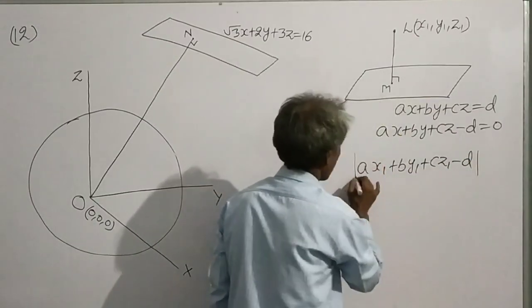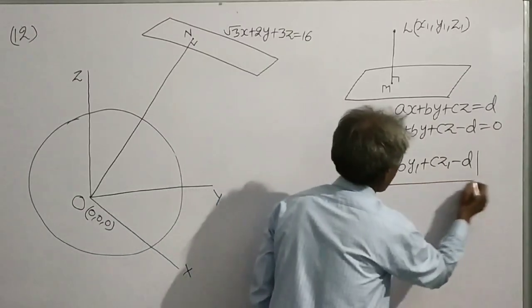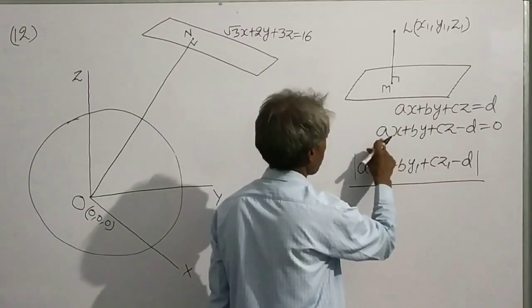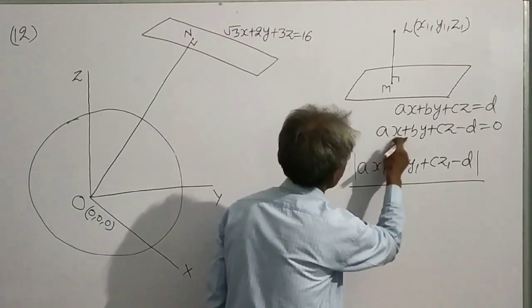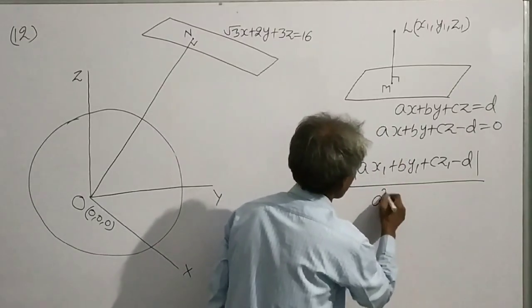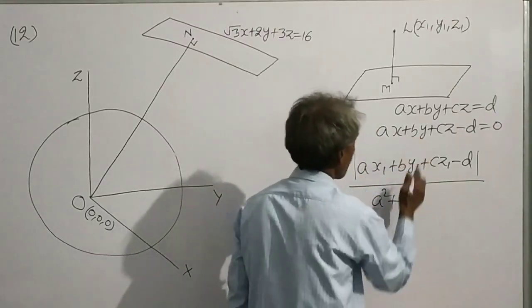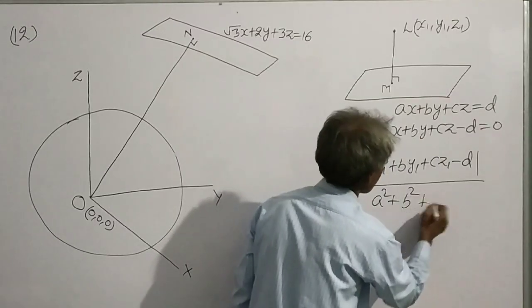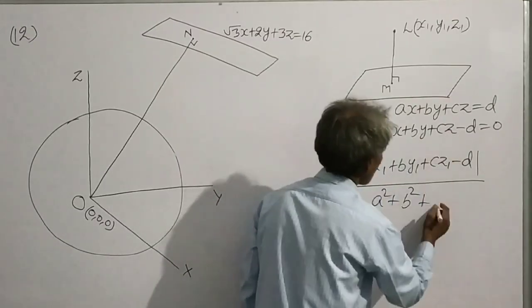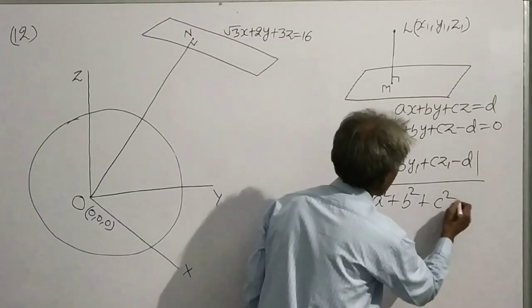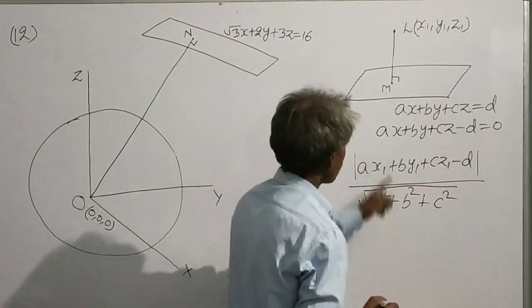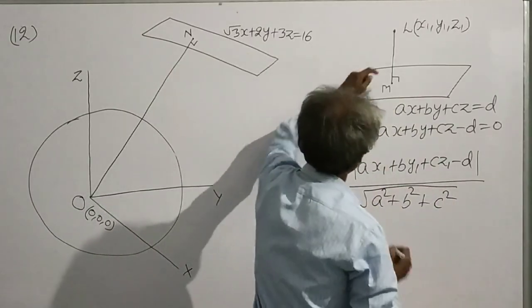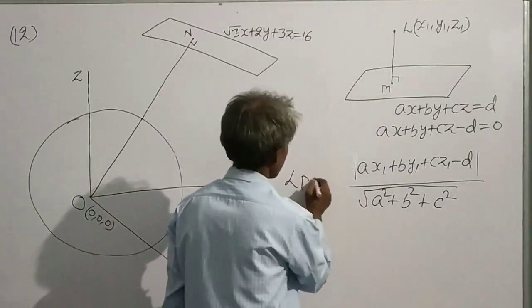Take its mod and divide it by the square root of the square of the coefficient of x plus the square of the coefficient of y plus the square of the coefficient of z. This will be equal to the length of perpendicular LM.